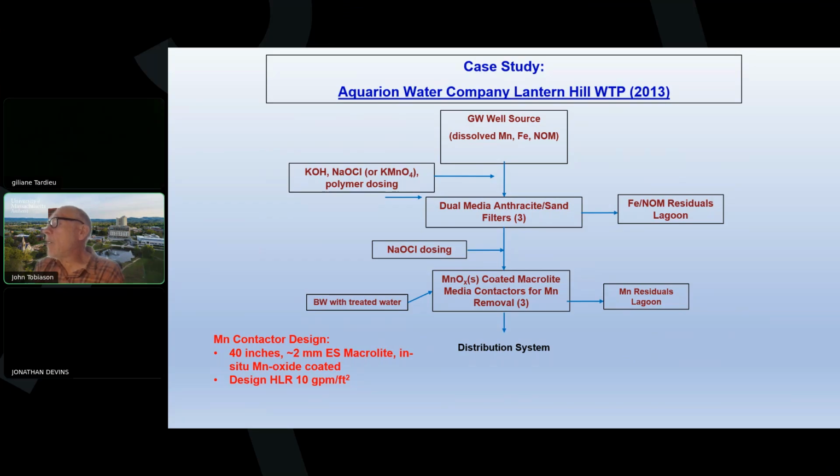So in this case, this plant increases the pH with some base, adds free chlorine or permanganate and some cationic polymer. It goes through dual media anthracite sand filters to remove particles, which include natural organic matter and iron. Then free chlorine is dosed, and it goes across a manganese oxide coated Macrolite, a ceramic media contactor, for manganese removal.